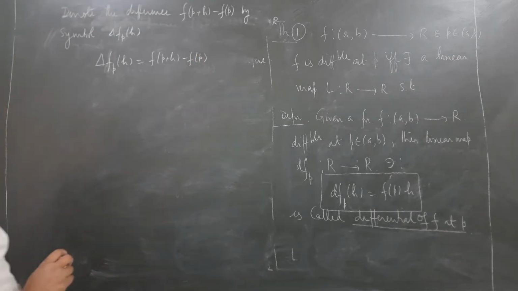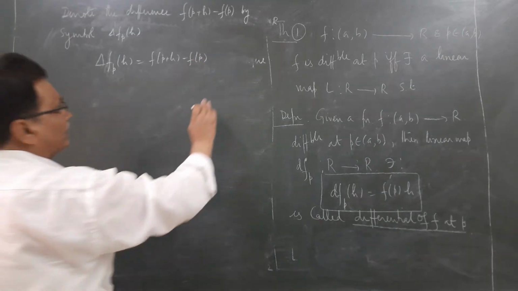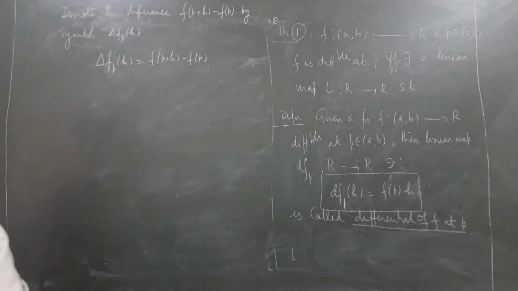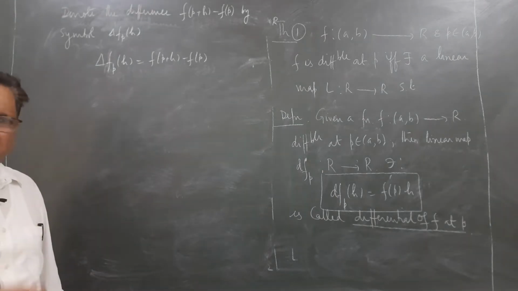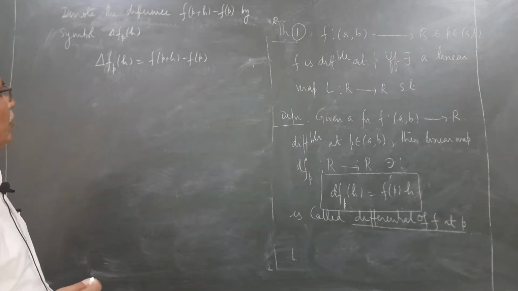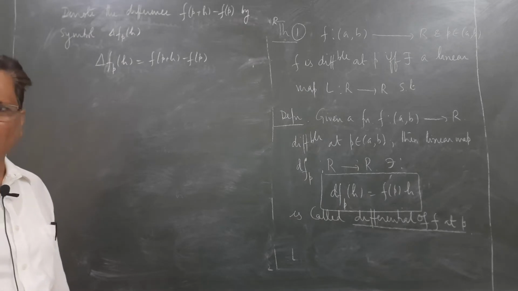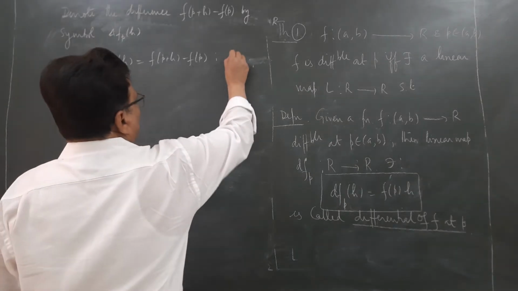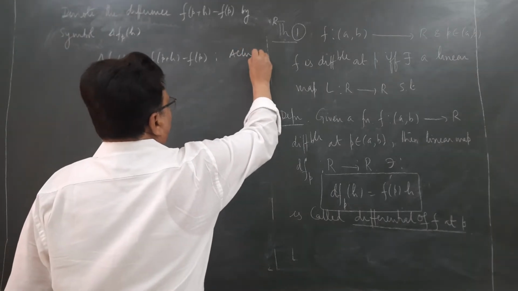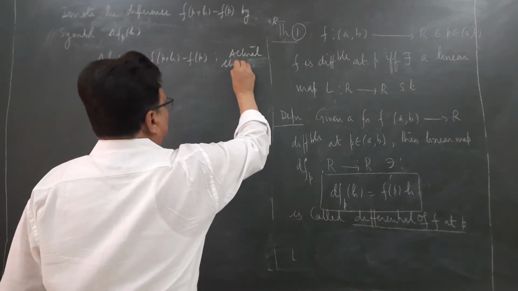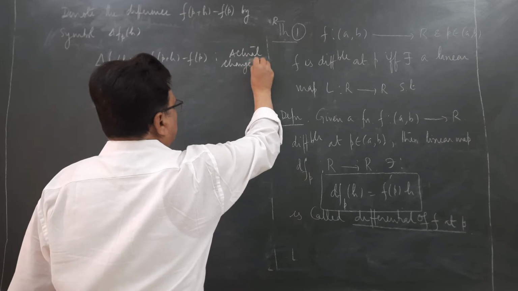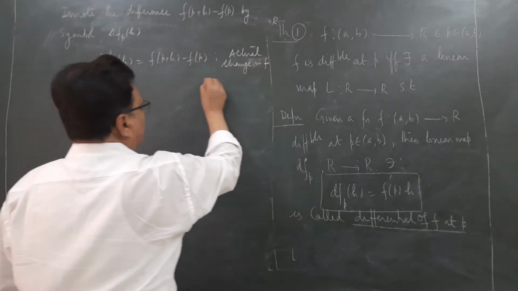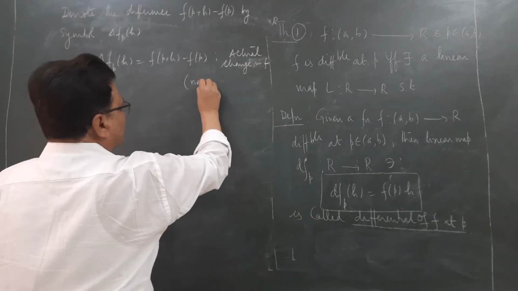If you look at this object, it is in fact the change in f when you go from point p to p+h. I will call it the actual change, or a non-linear change. This is the actual change in f, or sometimes we also call it a non-linear change in f.